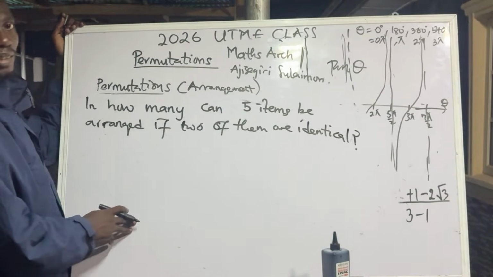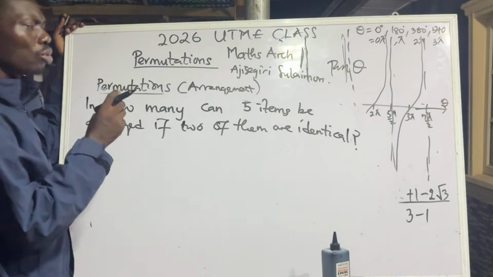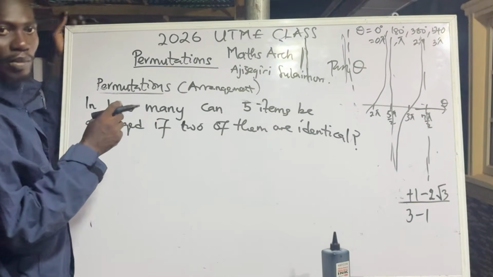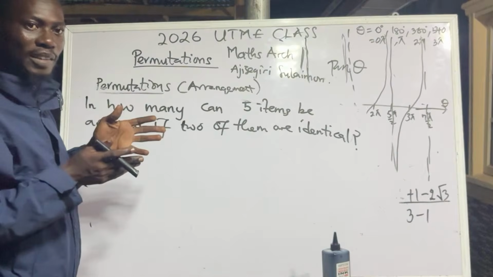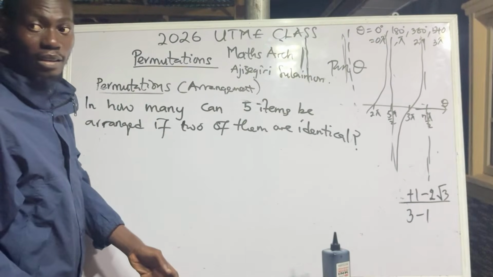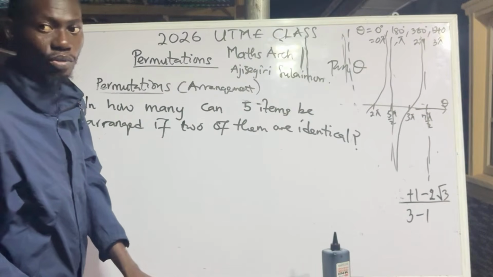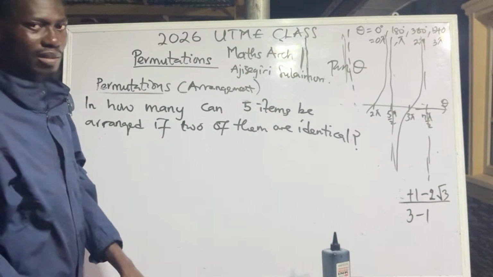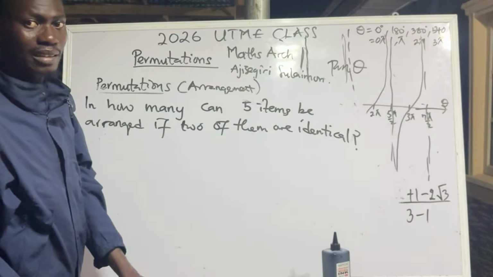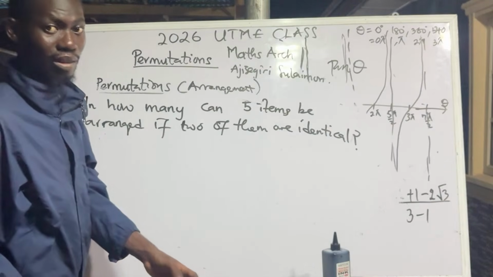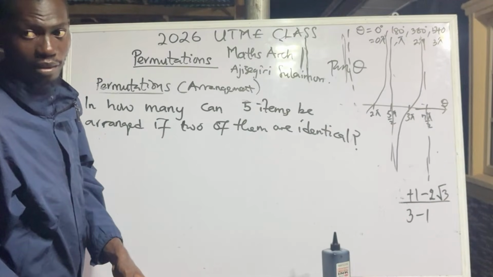Identical means 2 of the 5 items are the same. We can make the mistake of thinking it is this one that will be picked, whereas it is the other one. So we cannot differentiate between the 2. They are identical. Anything that happens to this one is happening to this one.